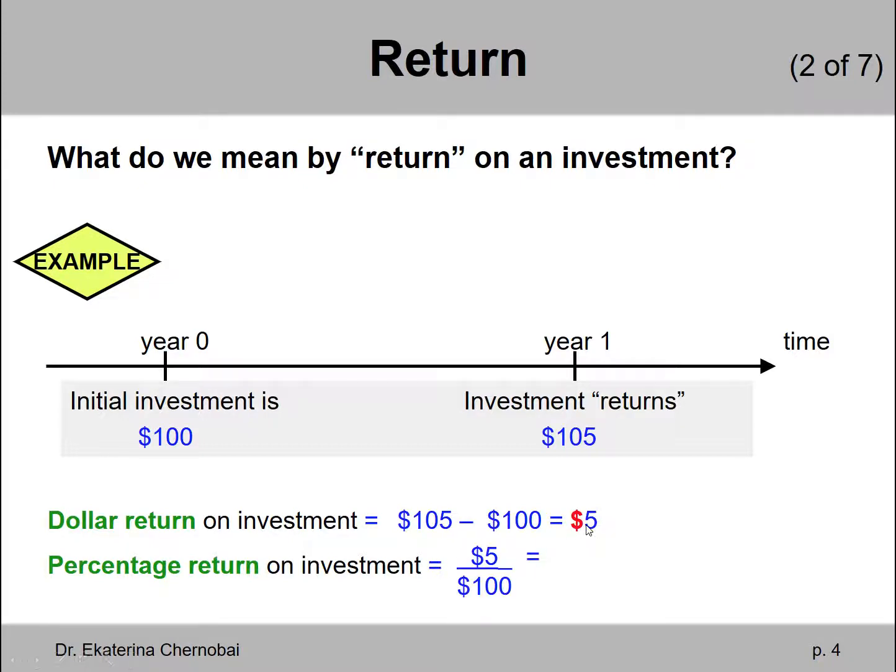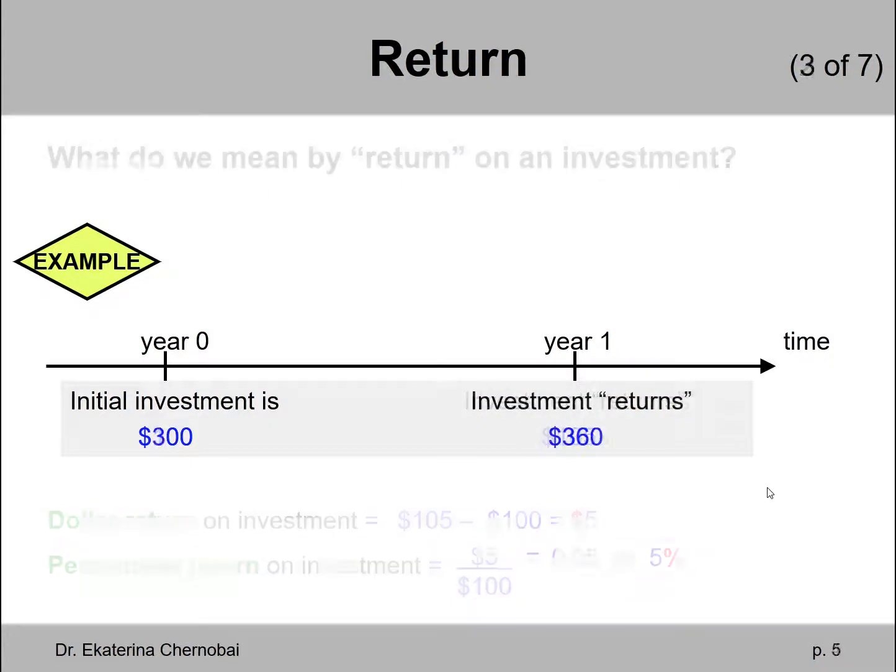So we take the dollar return and divide it by the initial value or the starting value, how much was invested, right? So 5 divided by 100 equals 0.05 in decimals or 5%. So the return on this investment is $5 or 5%, right? It's 5% of $100 that were invested. Both ways are correct, but typically by return we mean some percentage.